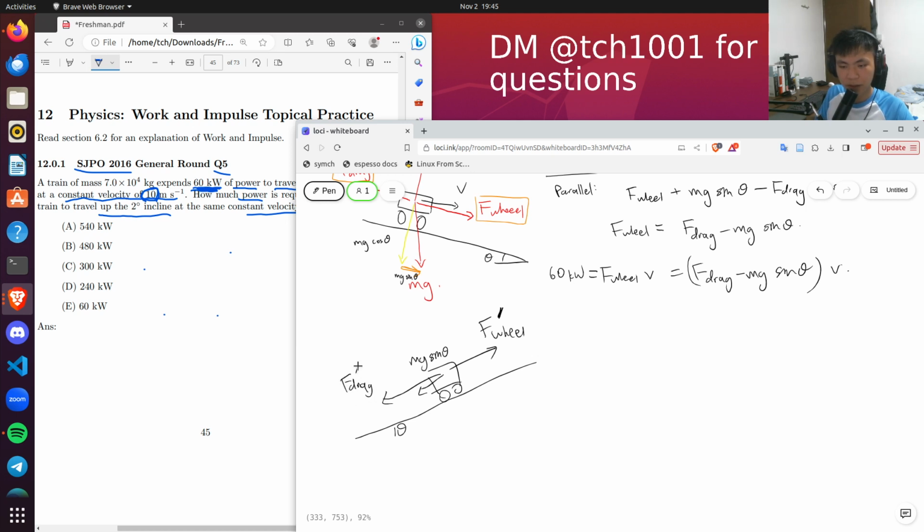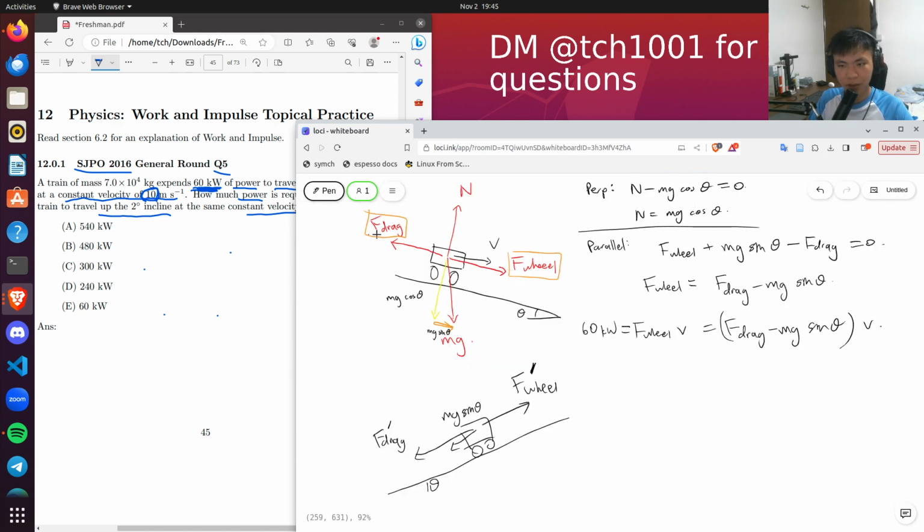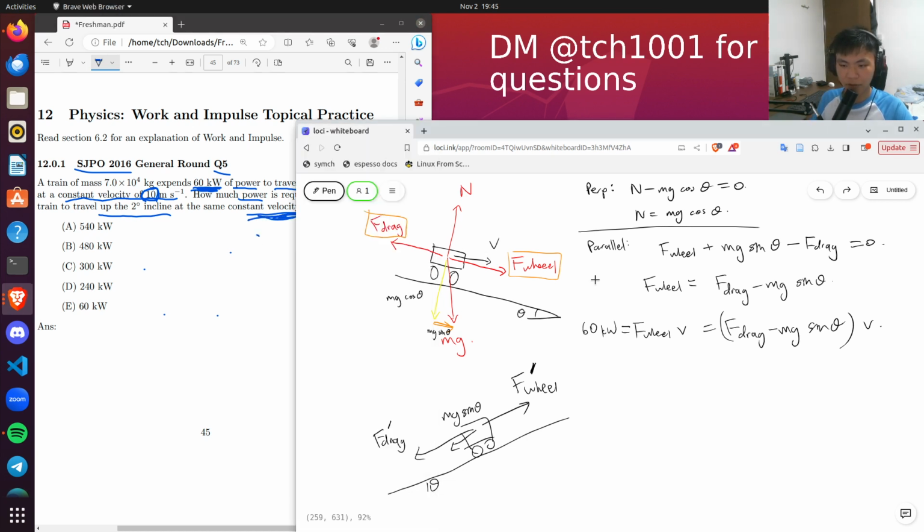I'm going to first say F drag prime, but you realize, what does the drag force depend on? Drag force depends on the friction between the wheel and the ground and the velocity you're traveling at, because in general, drag depends on the velocity. But in this case, if you're traveling at the same constant velocity, then the F drag must be the same.